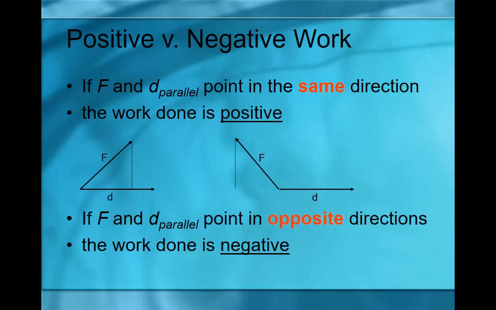You're applying a force, and the force is applied opposite to the direction of motion. So if F and D parallel point in the same direction, the work done is positive. If F and D parallel point in opposite directions, the work is negative. So we can take a look at this vector here.